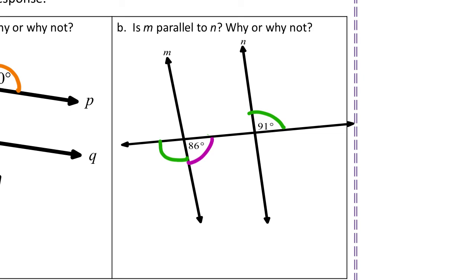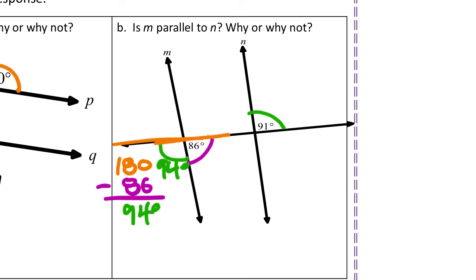So to find this angle, I know that these two angles make a straight angle pair. So that means that it adds up to 180 degrees. And to find the green angle, I'll just subtract the one angle we know, 86 degrees, which then shows that this is 94 degrees in green. So that's 94 degrees. This other angle in green that I'm showing here is 91 degrees.